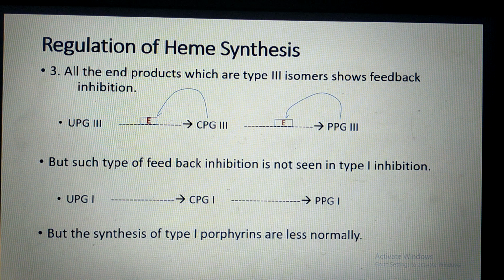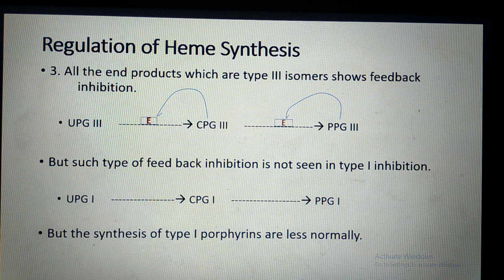For example, coproporphyrinogen 3 inhibits the enzyme which converts uroporphyrinogen 3 into coproporphyrinogen 3, and in this way its concentration decreases. Similarly, when the concentration of protoporphyrinogen 3 increases, it acts on the enzyme which converts coproporphyrinogen 3 to protoporphyrinogen 3, and its synthesis stops and its concentration decreases.